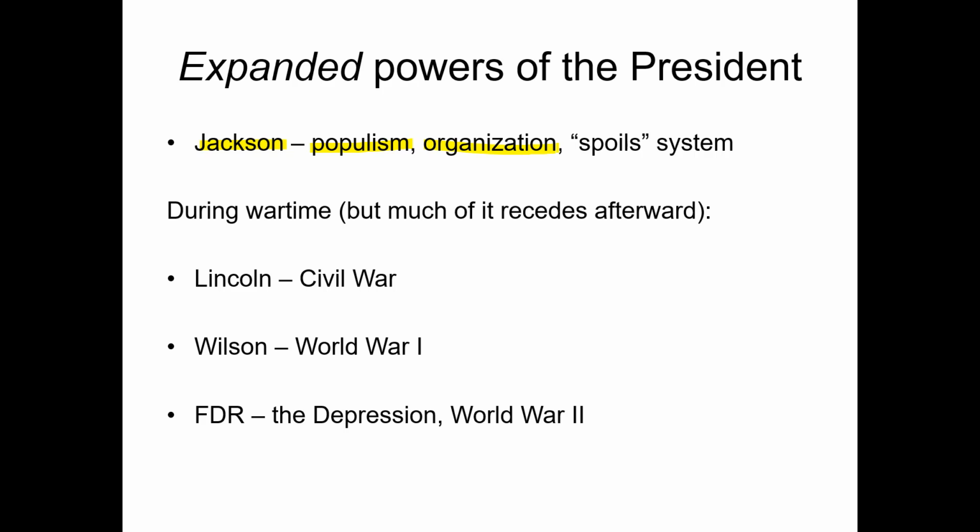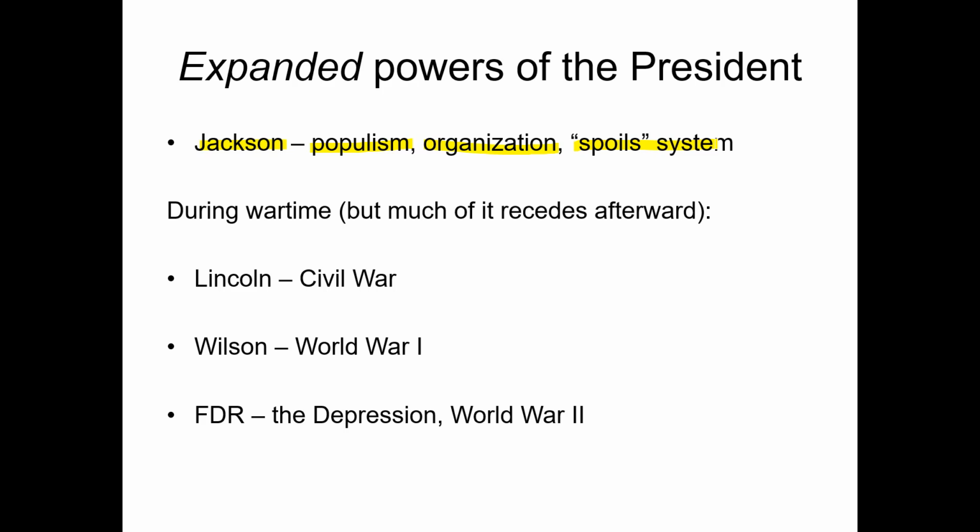and then immediately fired almost everyone in government and started creating this cronyism, what is called the spoils system, by filling all the offices with loyalists. That really expanded the power of the presidency and was quite controversial.